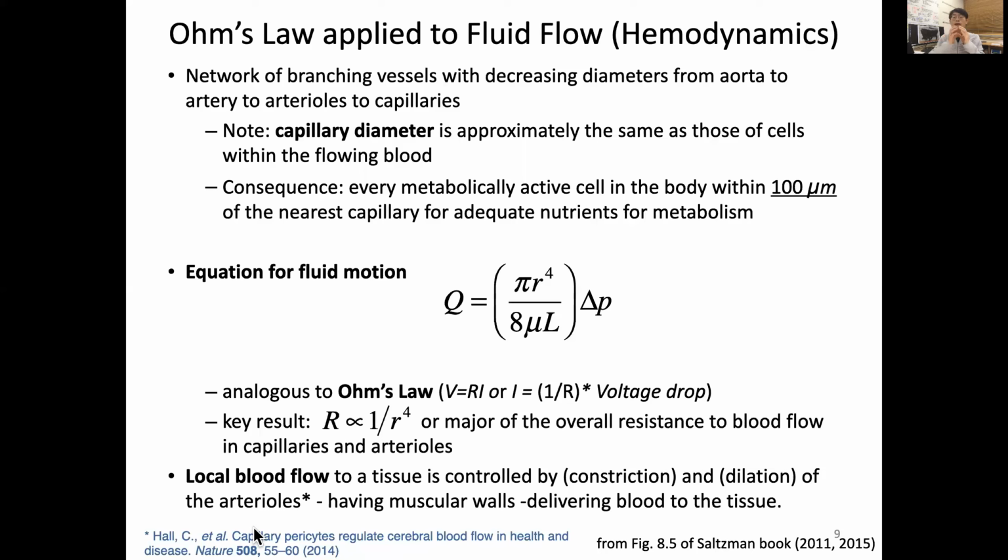So maybe not only the arteriole, but the capillary itself is covered by pericytes, and those pericytes might be involved in the dilation and constriction of the capillary vessel, which is the business end. This problem is still under a lot of debate, and people are very curious about who and what is the ultimate regulator of blood flow at the capillary level.